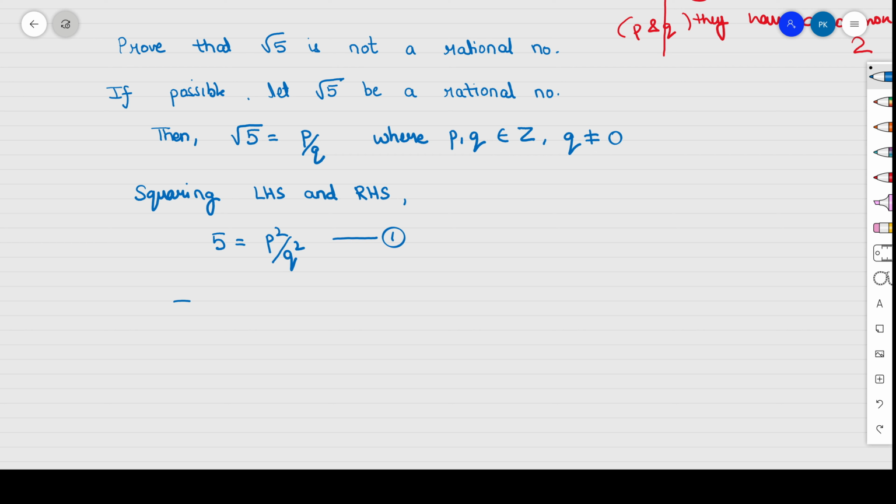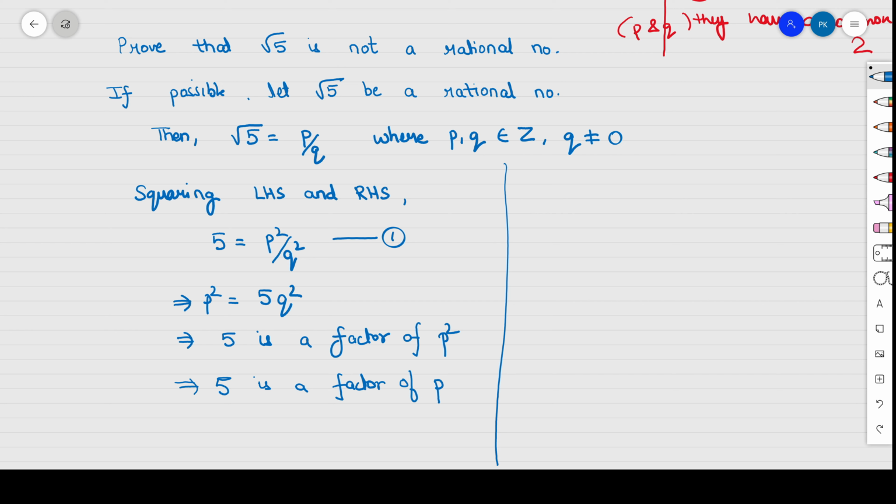This implies that p square is equal to 5q square, which means 5 is a factor of p square, implies 5 is a factor of p as well. Now to validate this, we'll take a few examples. Suppose the value of p square is 25. Here 5 is a factor of 25 and p is equal to 5. 5 is also a factor of 5.